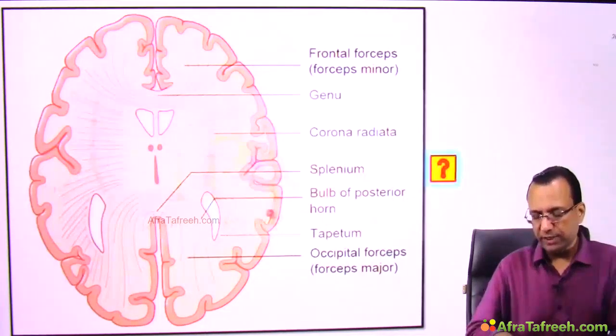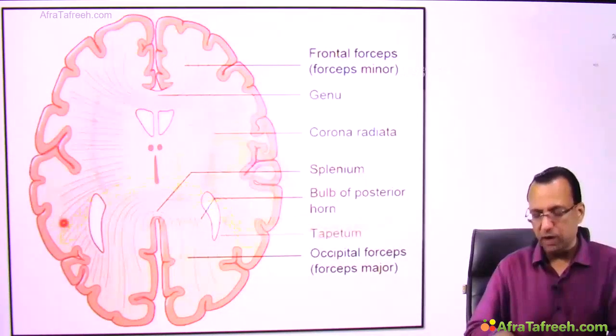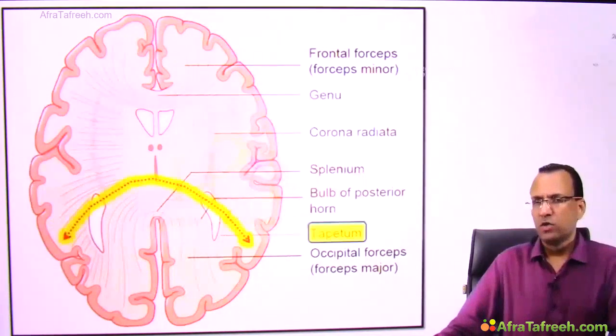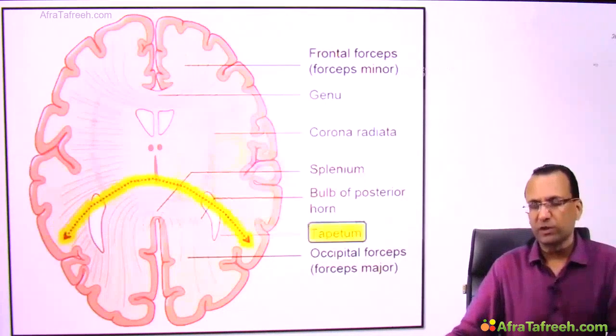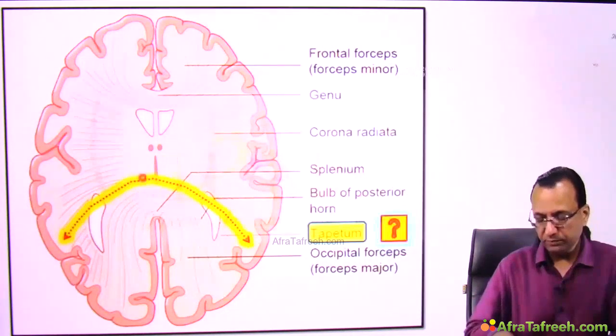Temporal lobes are connected with each other by the tapetum fibers. Tapetum fibers are the axons which connect one temporal lobe with the other temporal lobe. Those tapetum fibers, where are they passing in the corpus callosum, which part of corpus callosum is it passing?